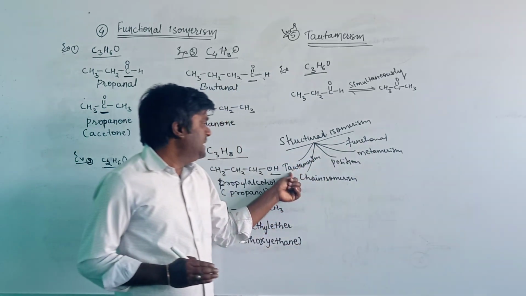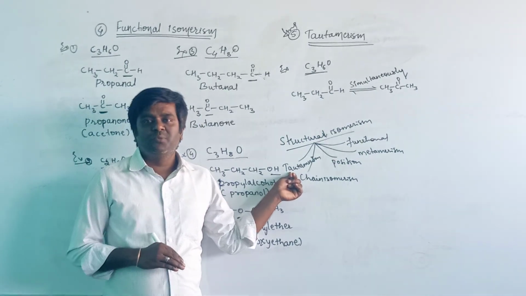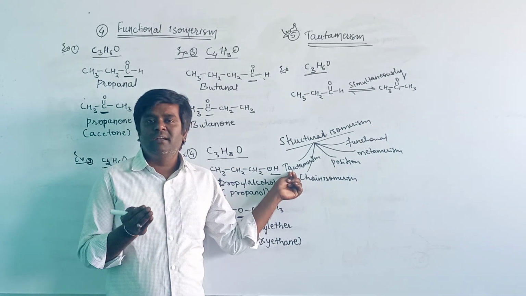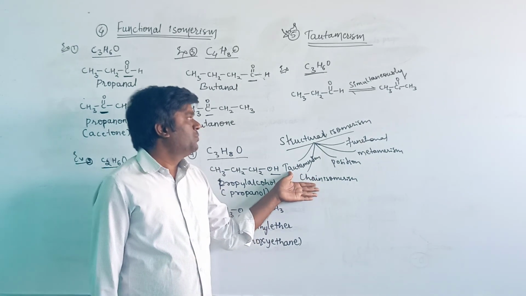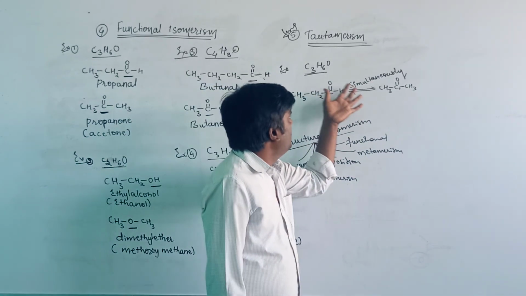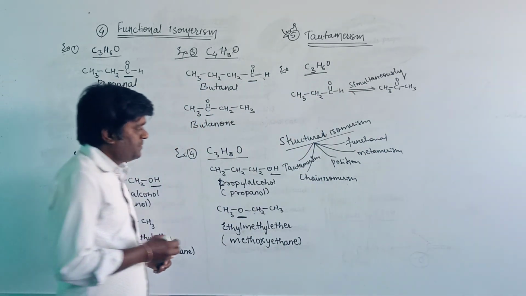And tautomerism is a special type of functional isomerism in which a dynamic equilibrium exists simultaneously between the two functional groups. We have seen the example here. This is about structural isomerism.